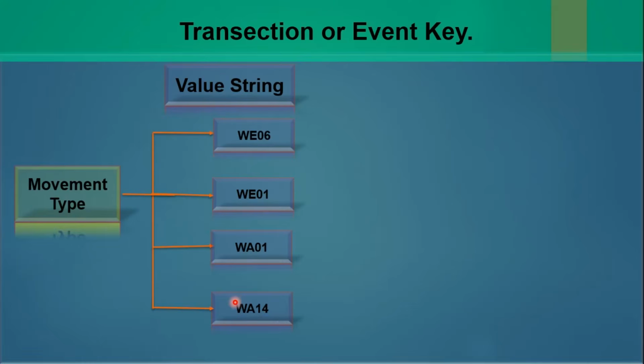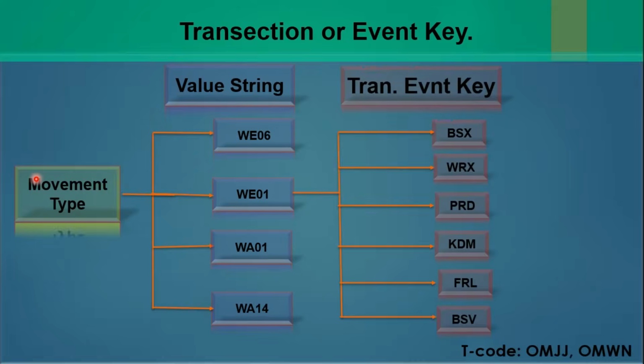So if you do certain movements, then in the background a few valuation strings will trigger depending on the movement type, and each valuation string contains some transaction event keys. What exactly is a transaction event key? The system uses the transaction event key to determine the account in which a posting line is generated.